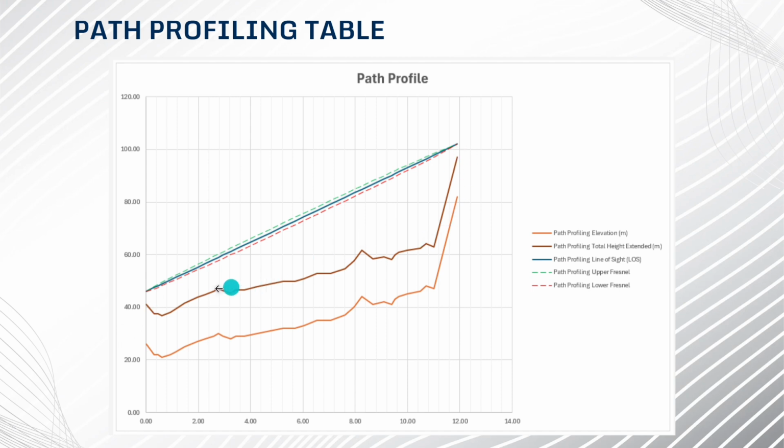The space between these is the total height, and this is the path clearance. The broken line at the upper is the upper Fresnel, and the broken line at the lower is the lower Fresnel. And that concludes the LOS of the two towers.